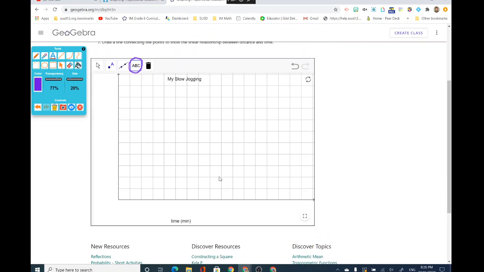Okay, we're going to scale this from 0 to 100 minutes. First of all, how many tick marks are there? 1, 2, 3, 4, 5, 6, 7, 8, 9, 10. There's 10 right there, but we need to go to 100. 11, 12, 13, 14, 15.